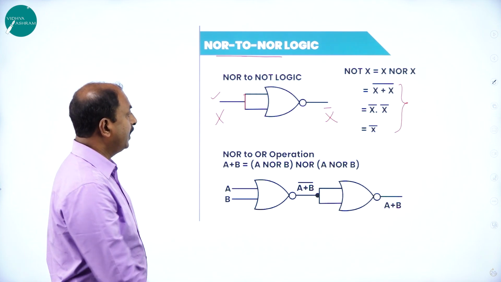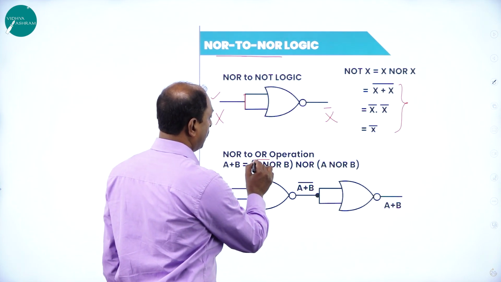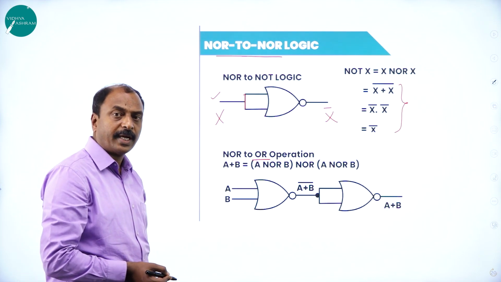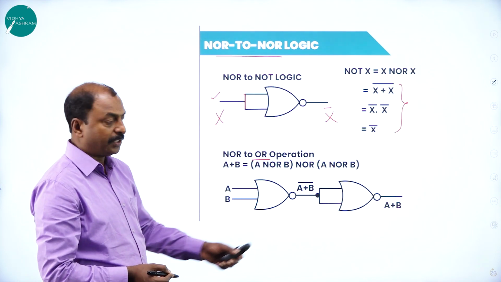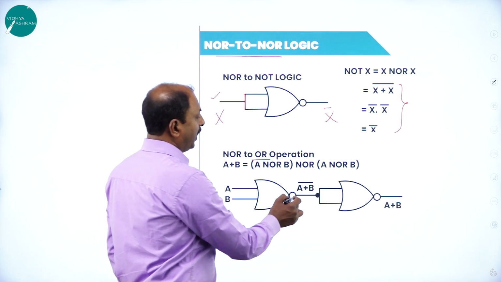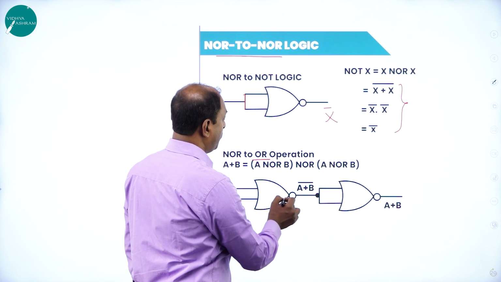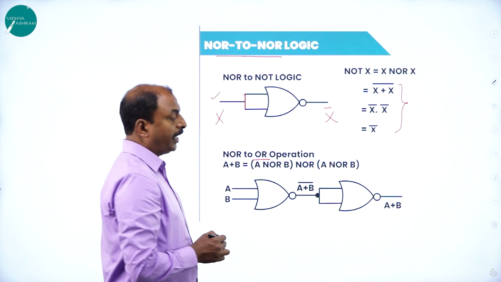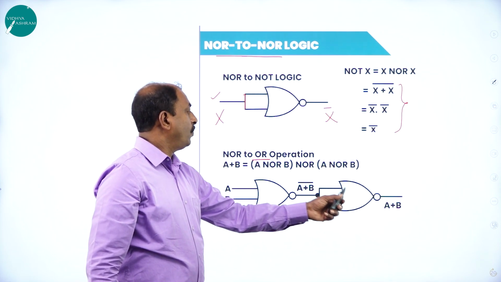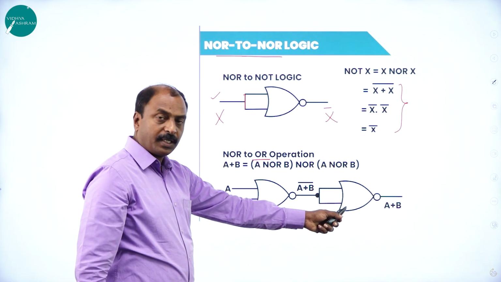And similarly, this is the OR operation. How do we derive the OR gate or OR operation by using the NOR gate? This is the circuit here. The first NOR gate takes two inputs, and because of this, the output would be A plus B NOT. Again, the output of this would be the input of one more NOR gate here.